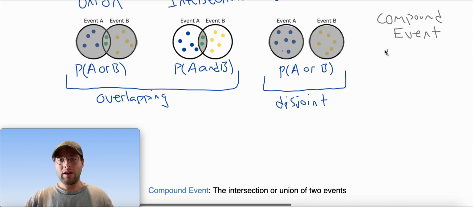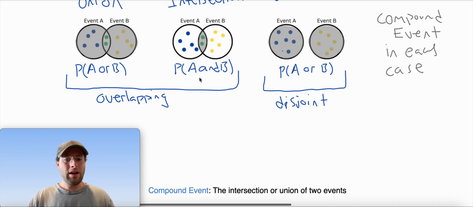Then for each of these, we have a compound event that, depending on which case we're looking at, is either the intersection or the union. This first one, the compound event, is looking at the union of events A and B. This middle one is looking at the intersection of events A and B. And this last compound event is looking at the union of events A and B.